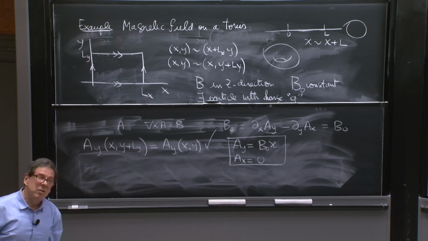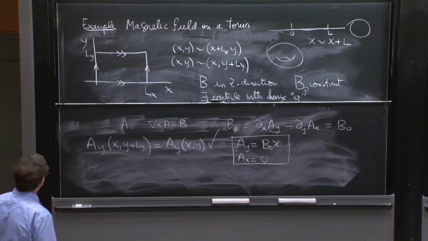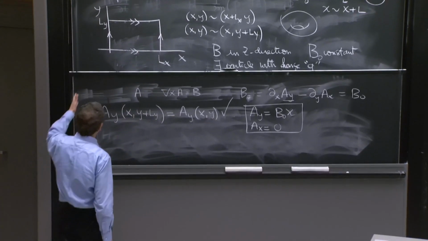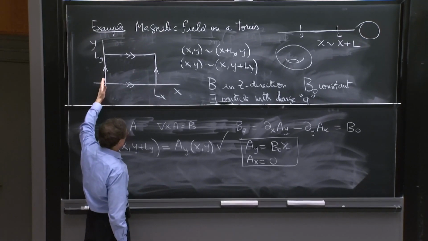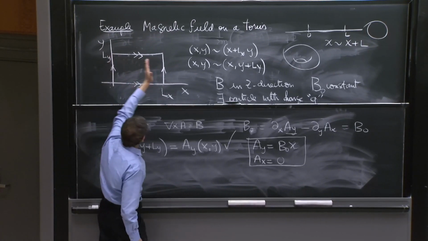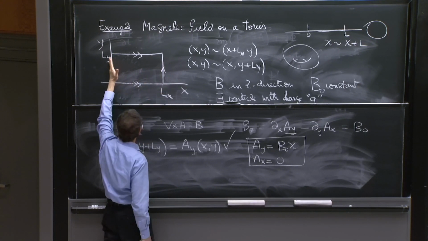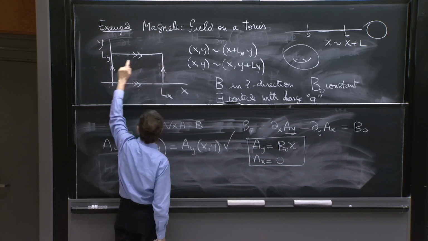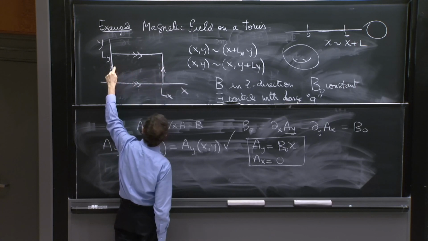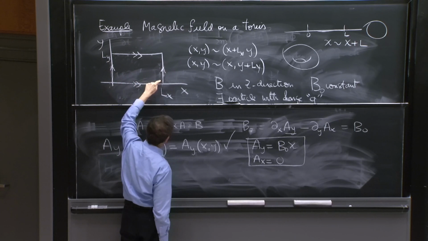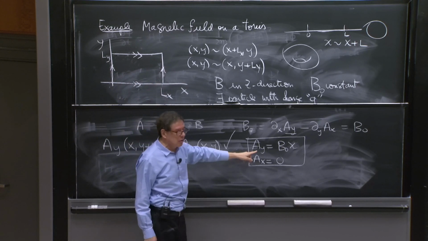But we're going to run into trouble in a second now, because the A_y should be the same here and here too, because that's also the same points in the torus. This line is identified with this. So when I change x by Lx, A_y should not change.